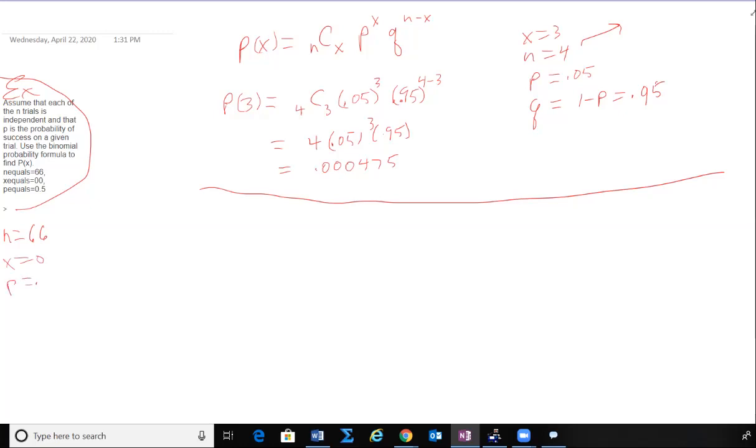So p equals 0.5, and that means that q would also be 0.5. It's 1 minus p.